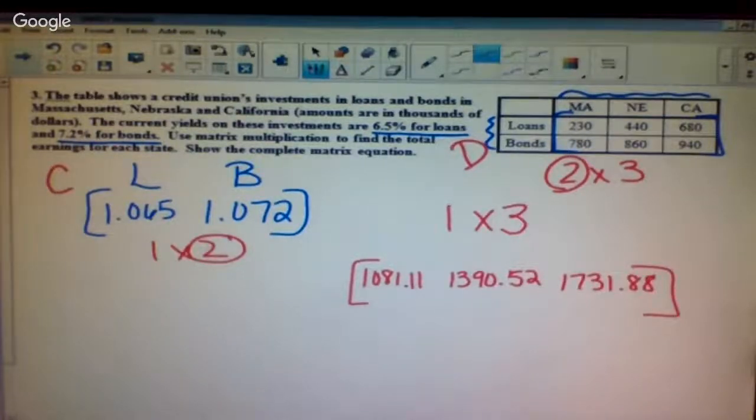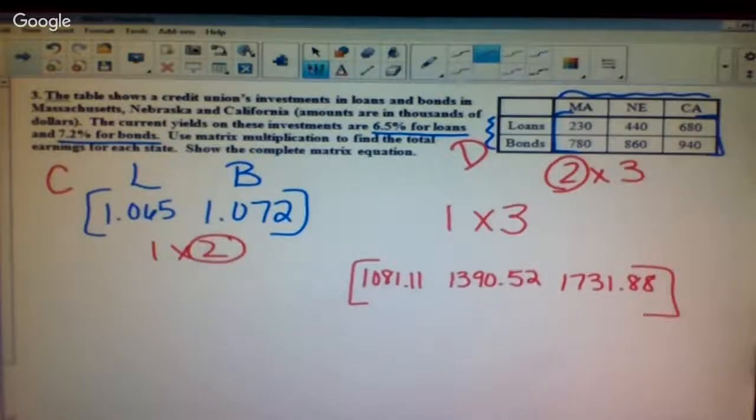If you're still plugging in, take your time. Make sure your answer matches theirs. So they get 1,081.11, 1,390.52, 1,731.88. What in the world does this mean?